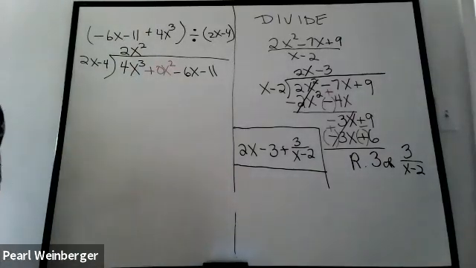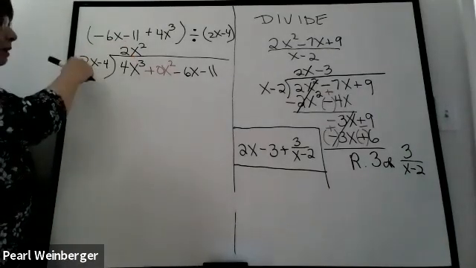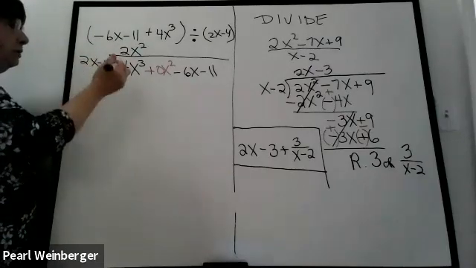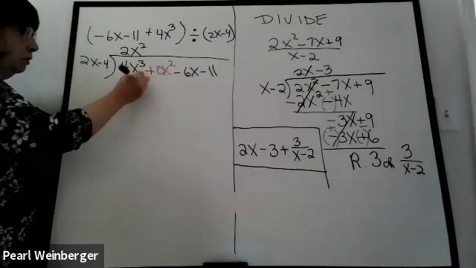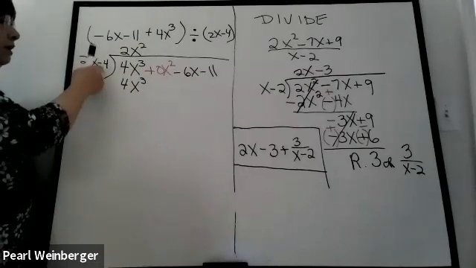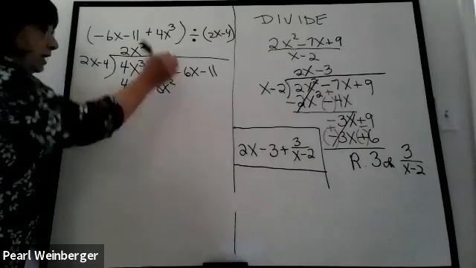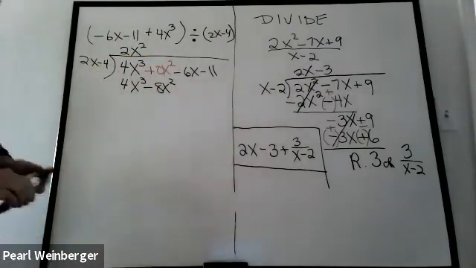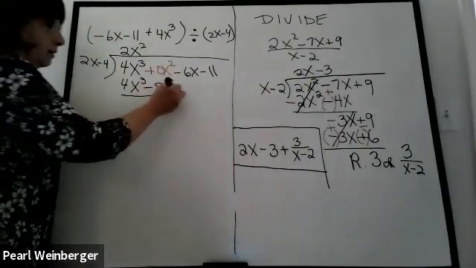Once I put something on top, the next step is to multiply. I'm going to multiply the 2x squared that I just put on top by the whole binomial. So 2x squared times 2x is going to give me 4x cubed. And 2x squared times negative 4 is going to give me negative 8x squared. If you notice, I needed the 0x squared to put the x squared term someplace, because after I multiply, the next step is to subtract.